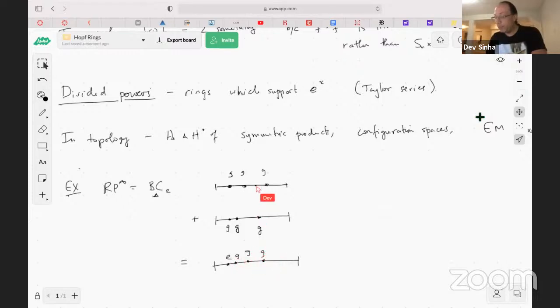Implicitly, by the way, I can say there's an E here if I want to multiply it everywhere. And same kinds of identifications give us, well, it's going to be 4 G's. So that's one way to think about RP infinity.